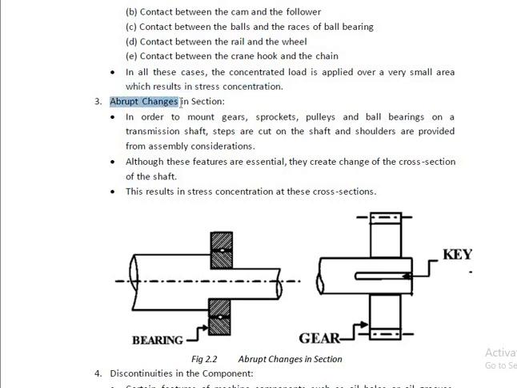Now the third reason for stress concentration is the abrupt change in section. Abrupt means sudden changes in sections. We know that in order to mount gears, sprockets, pulleys and ball bearings on a transmission shaft, the shaft which is used for the transmission of power, steps are cut on the shaft and shoulders are provided from assembly considerations.